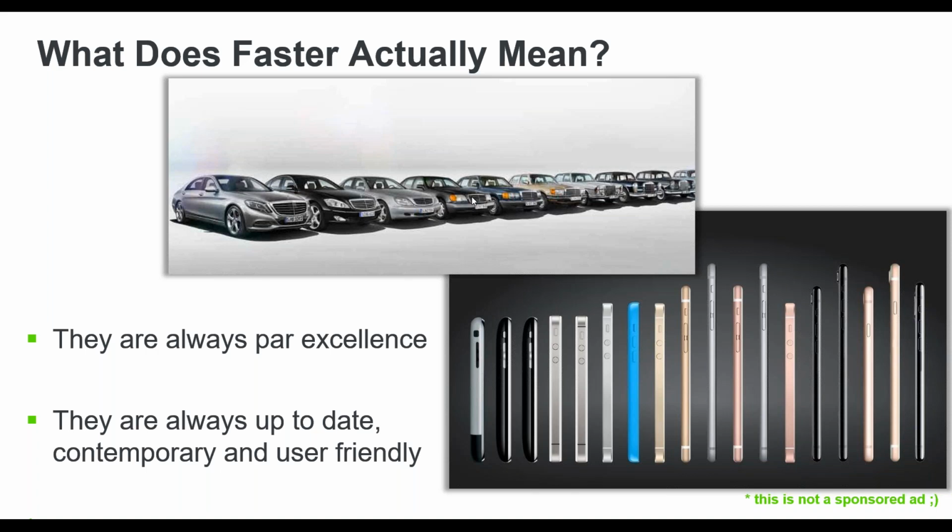Hence, this is the constant effort for changing and enhancing your UX, which results in a better UI. Or, put another way, no matter what changes, the changes are always currently the par excellence. They're always contemporary, up to date, and user-friendly.